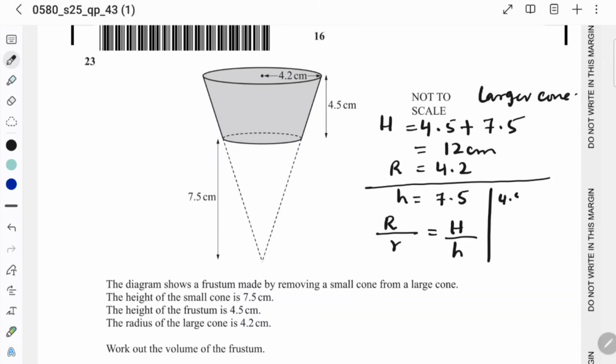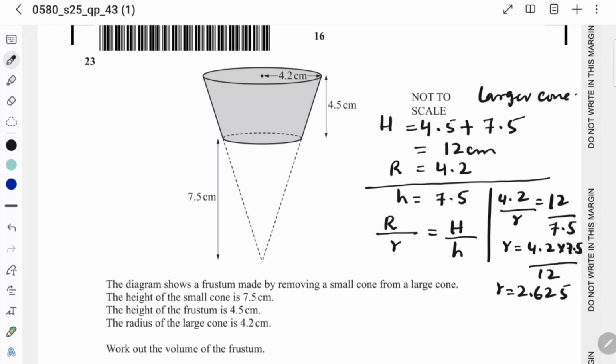So that is 4.2 upon r is equals to 12, the height, upon the small height 7.5. So quickly cross multiply. r will be equals to 4.2 times 7.5 divided by 12. That is equals to 2.625.